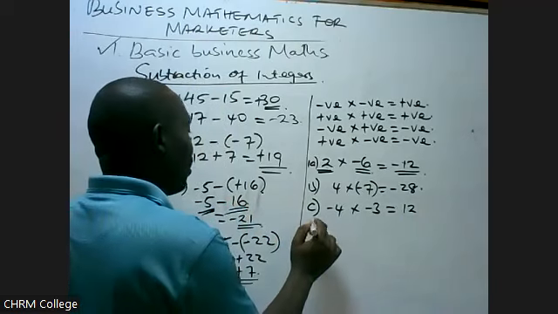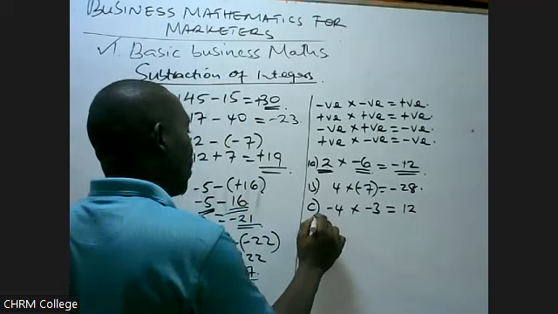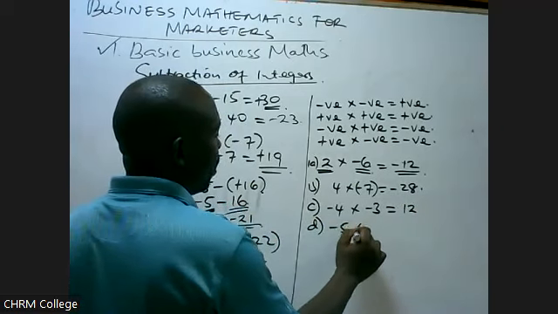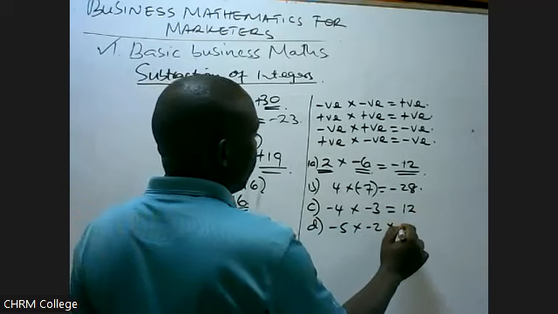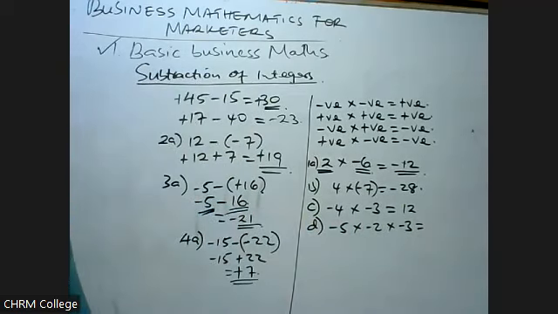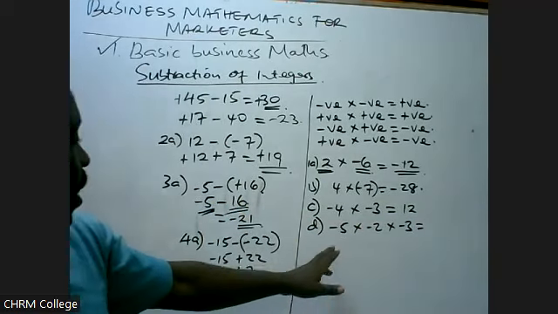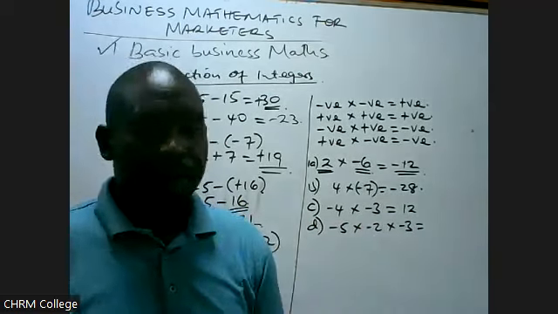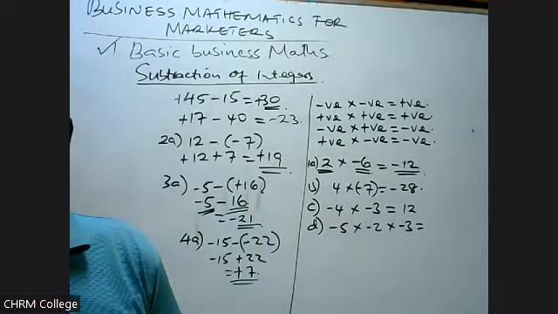What about maybe B, where you have negative 5 times negative 2 times negative 3? We'll try that. What will be the sign for the solution? Negative 5, negative 2, negative 3, and you are doing the multiplication or the product.